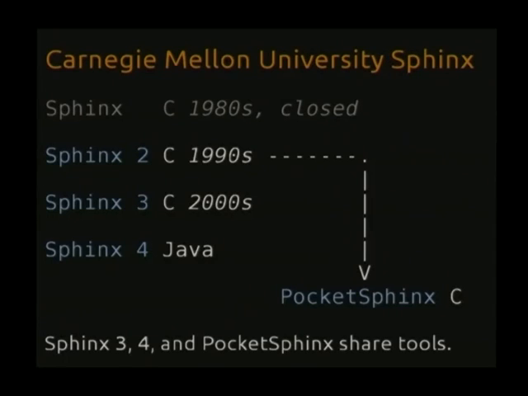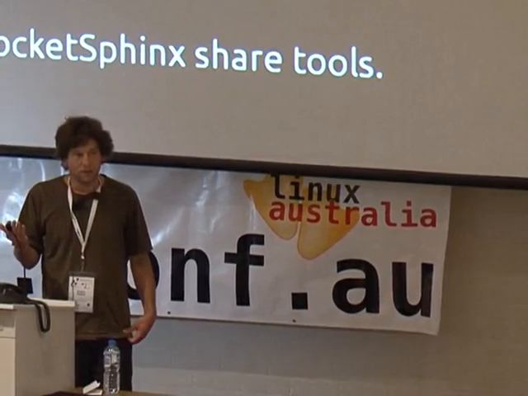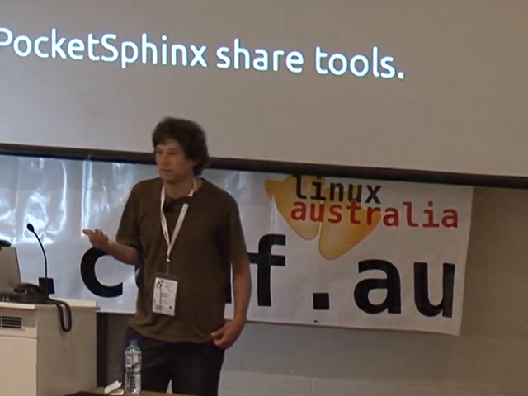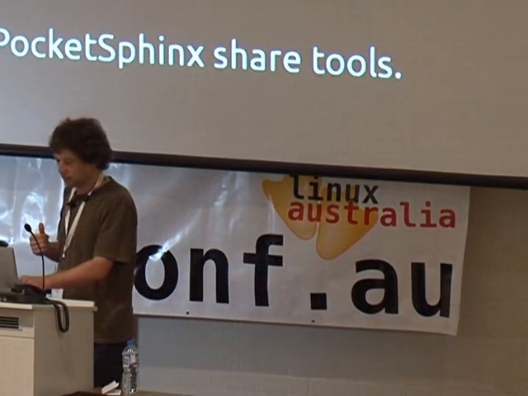So Sphinx 3 and 4 and PocketSphinx are all, in theory, current. I don't think many people are using 3 anymore, but there are people working on the 4 and the PocketSphinx. And PocketSphinx is the one I'm most interested in. But it's really an arbitrary choice, because for the things that you need to make a model, it doesn't matter what software it is, you actually just need the data. So it's all the same.